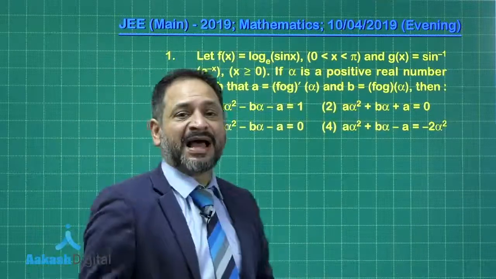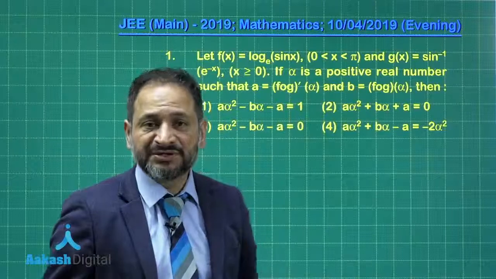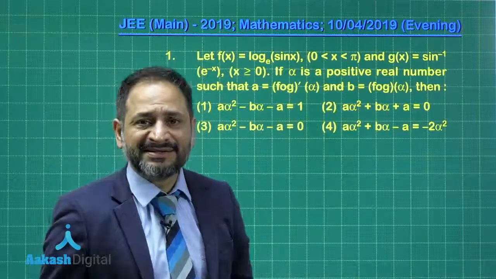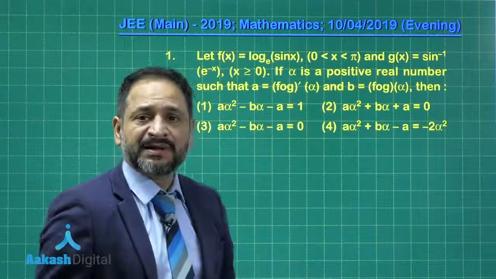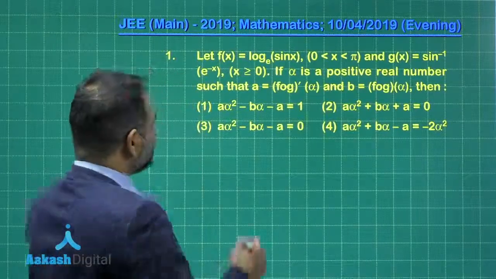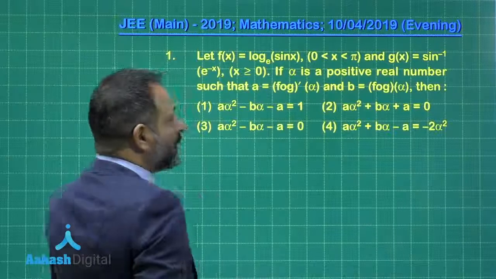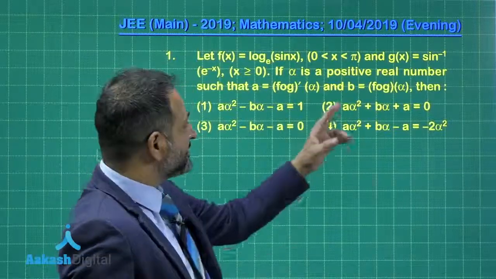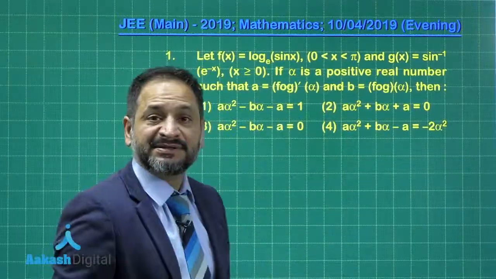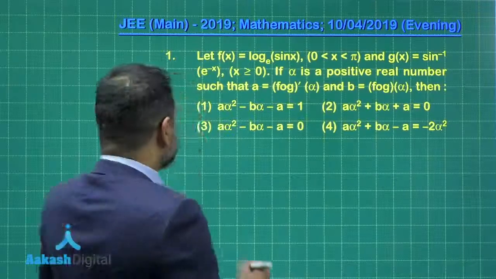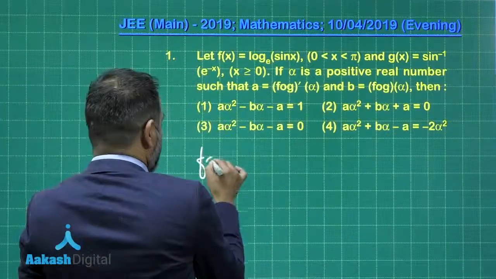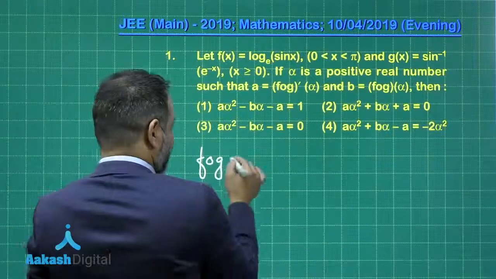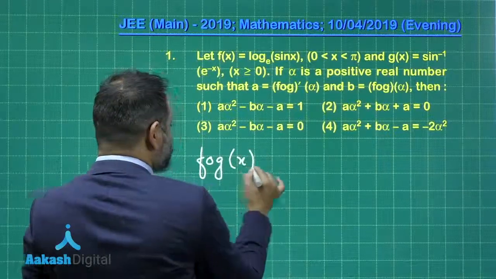This question is actually related to the composite function, and it's again an easier one, because in this case it is easy to find this composite function. You can see here f(x) is given as log of sin x and g(x) is given as sine inverse e raised to the power minus x. So what is f of g(x) here?